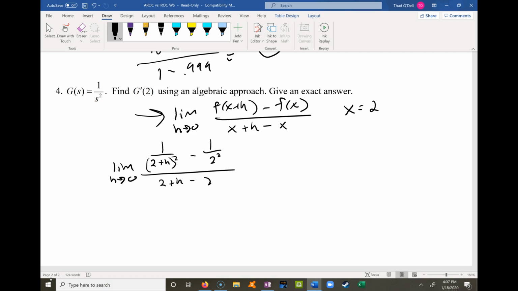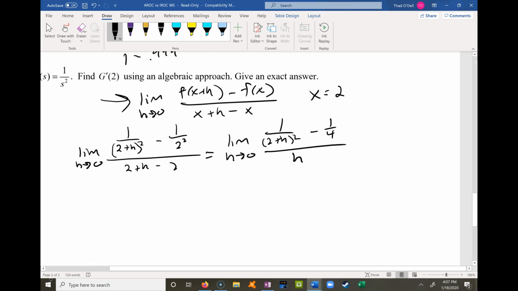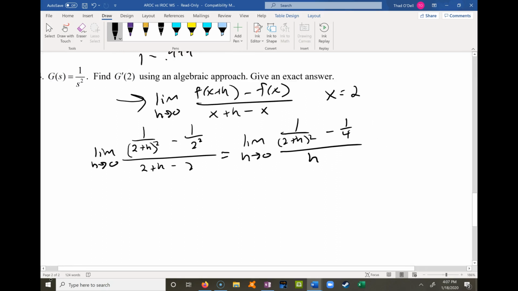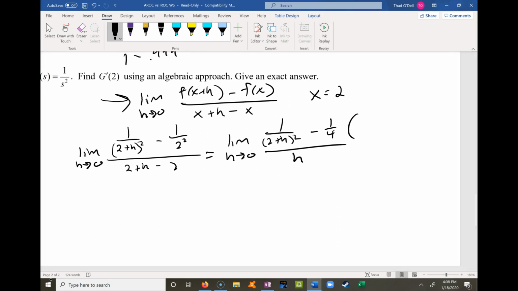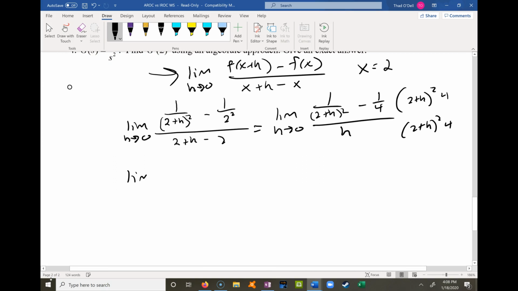Okay? So let's see, that would be the limit as h approaches 0 of 1 over 2 plus h squared, I'll just leave that alone, minus 1/4 all over, of course that's just h because 2 minus 2 is 0. It's a complex fraction, so I'm going to multiply top and bottom by common denominator, and so I'm going to multiply by 2 plus h squared times 4, and I get the limit as h approaches 0.